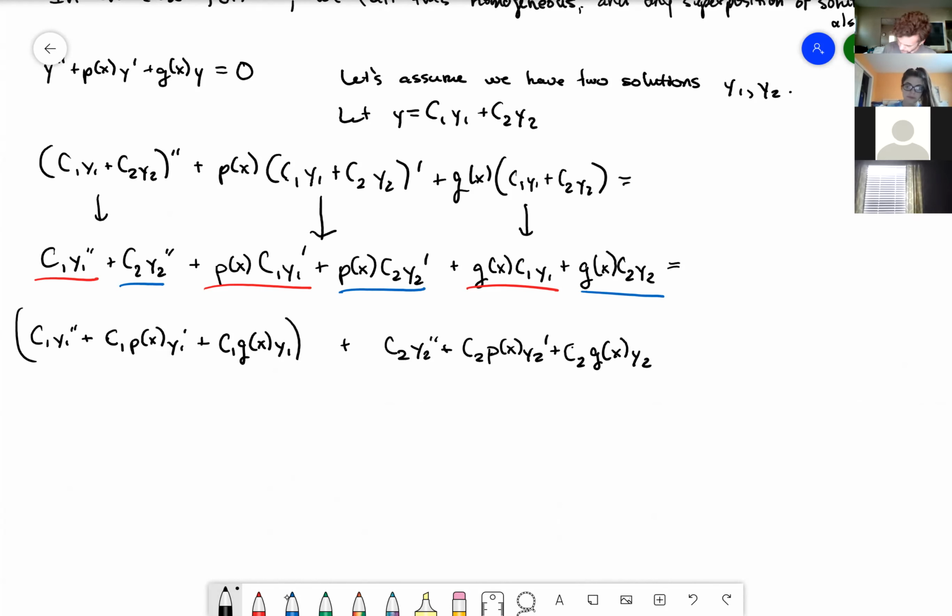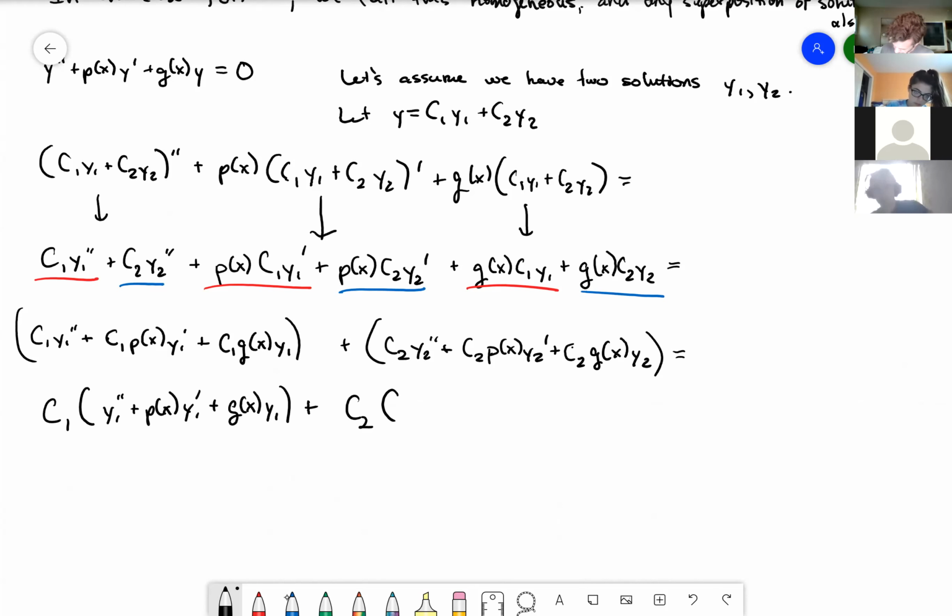And I can just group these things together, factoring out their respective constants. What do I get? c1 times (y1 double prime plus p of x y1 prime plus q of x y1) plus c2 times (y2 double prime plus p of x y2 prime plus q of x y2).